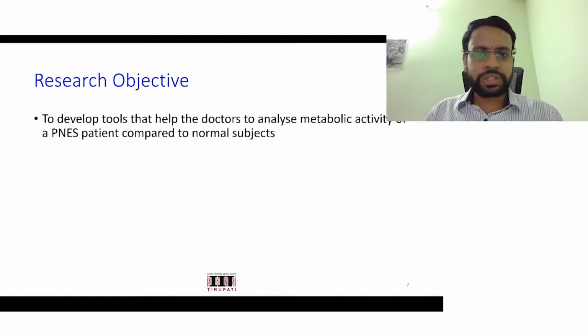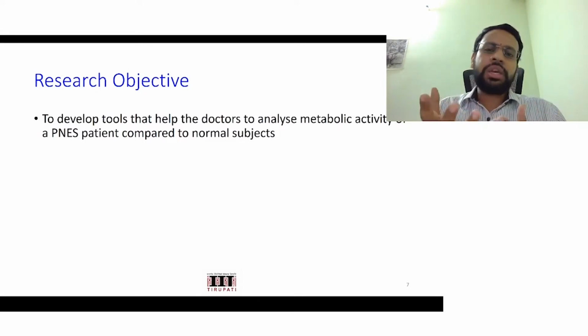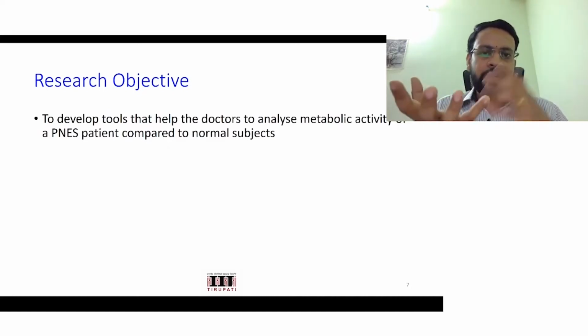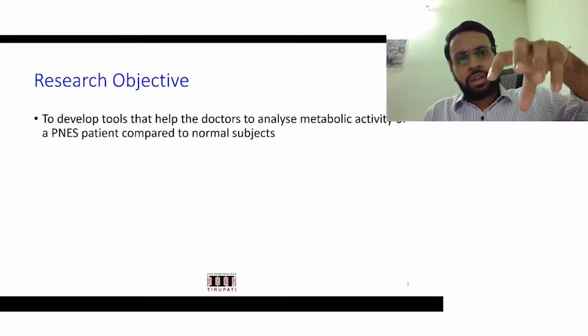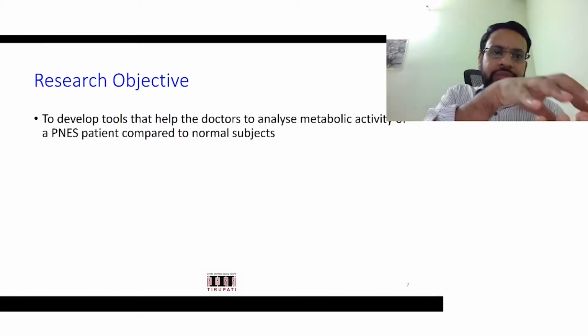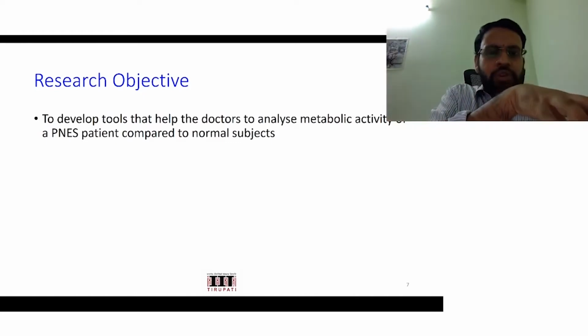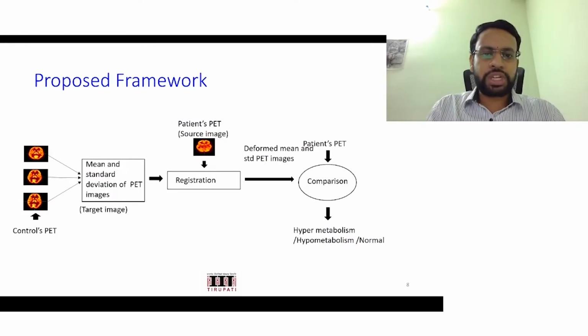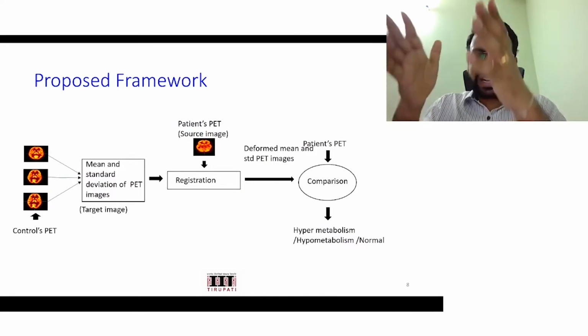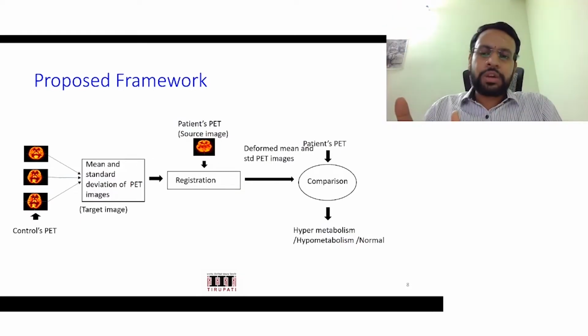As a first step towards this goal, we are currently developing tools that help the doctors obtain the average metabolic activity, the mean and standard deviation of metabolic activity in each region, and then you map it with the corresponding regions in the patient to be analyzed, and in those regions you compare the metabolic activity of this patient.